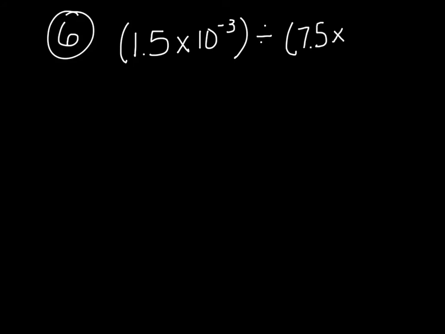Let's do another example like that. 1.5 times 10 to the negative 3rd divided by 7.5 times 10 to the negative 2. We're dividing. So we're going to take 1.5 divided by 7.5.